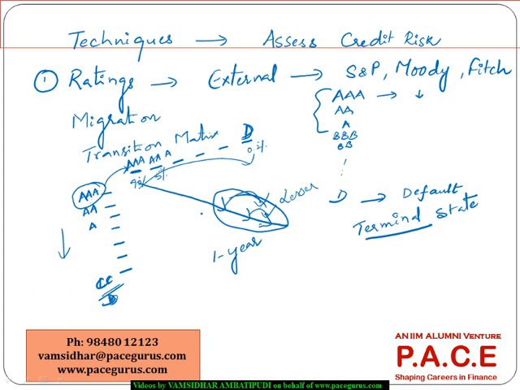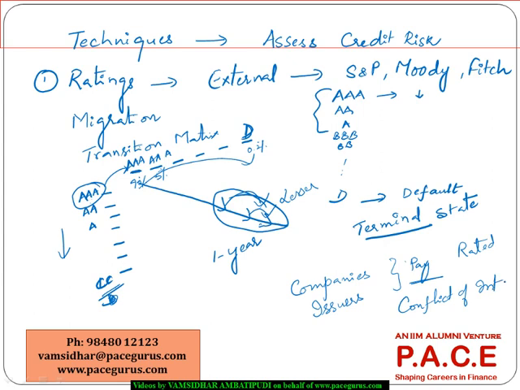But in all this, the ratings generally done by the external rating agencies, the companies are the bond issuers. The bond issuers pay to get themselves rated. Now this is what will create a conflict of interest. Right? They are paying the rating agencies to rate themselves.